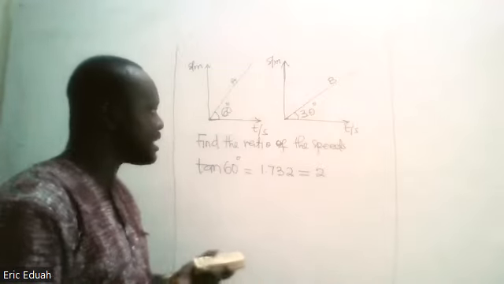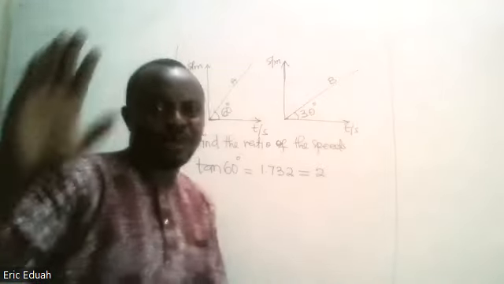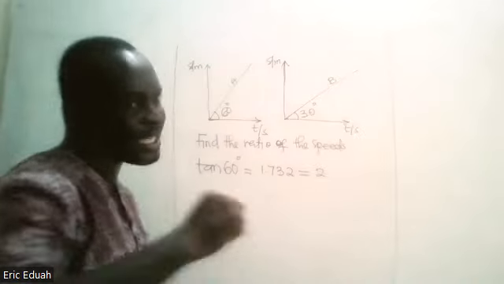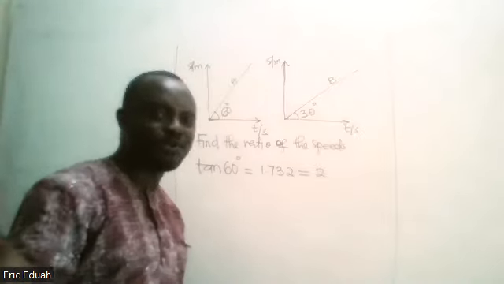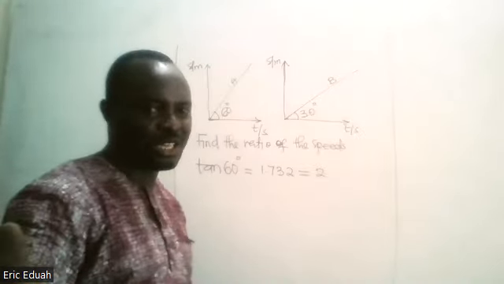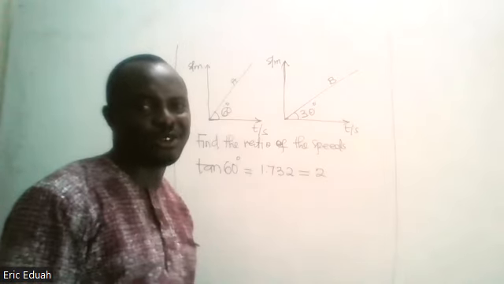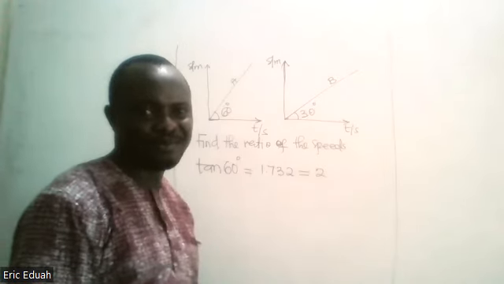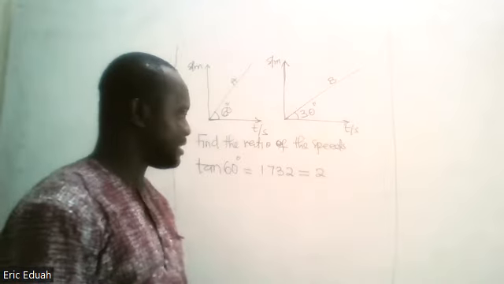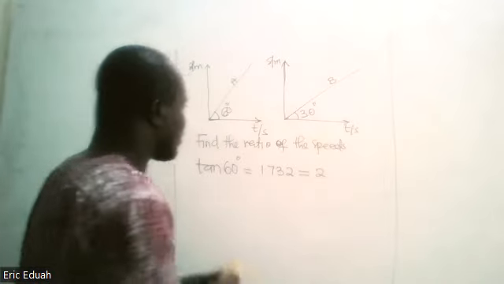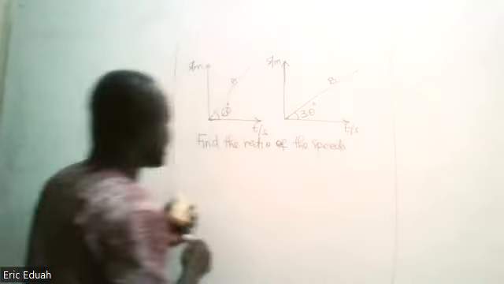But that is it. You see, class, whenever we have a displacement-time graph, the slope of a displacement-time graph is equal to the what? Velocity. Good. So look at something.